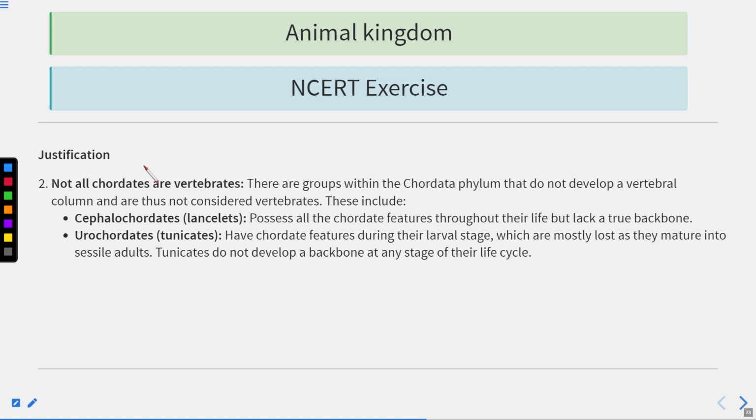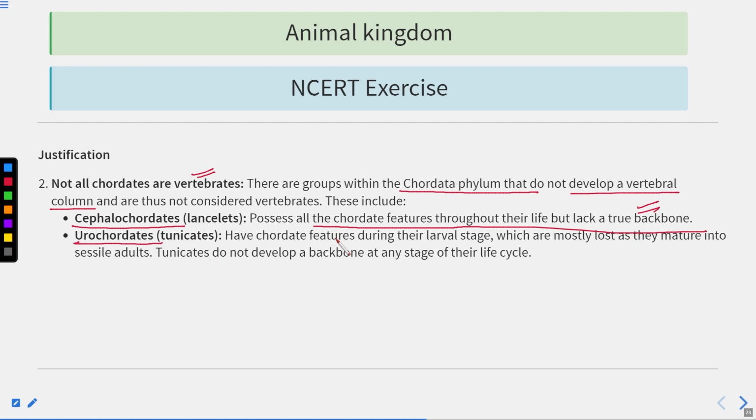So not all chordates are vertebrates. There are groups within the phylum Chordata that do not develop the vertebral column. Cephalochordates, lancelets, possess all the chordate features throughout their life cycle, but they do not have a true backbone, that is, the vertebral column.